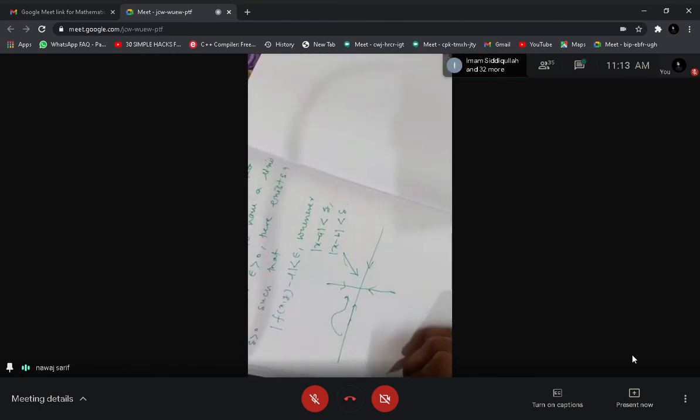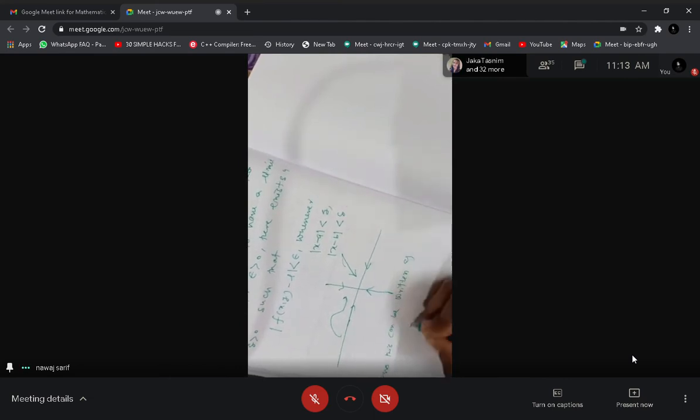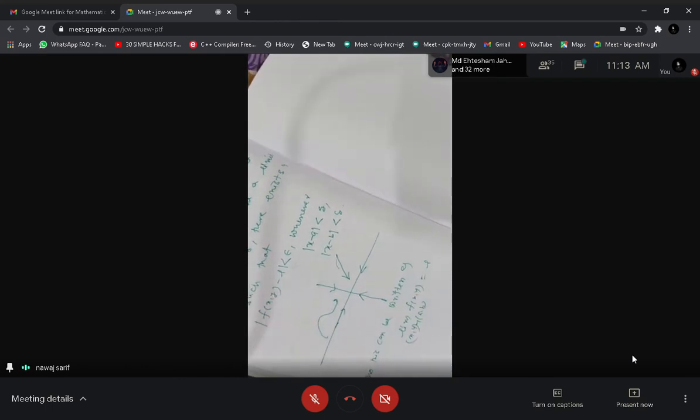This can also be written as limit as (x, y) tends to (a, b) of f(x, y) equals L. If this happens, then we can say that the limit of this function exists.